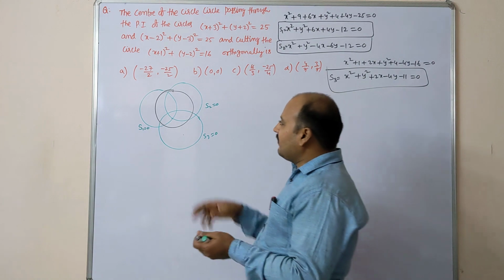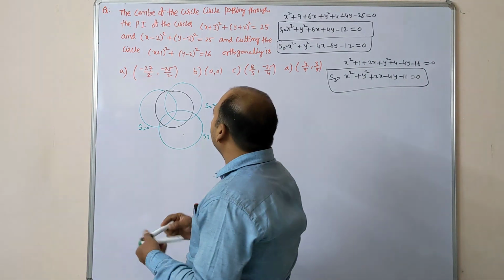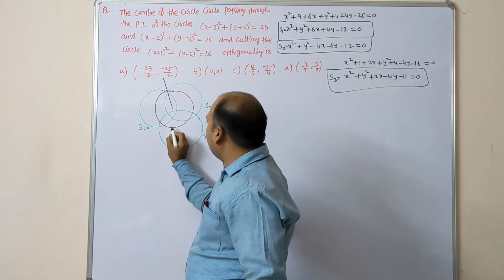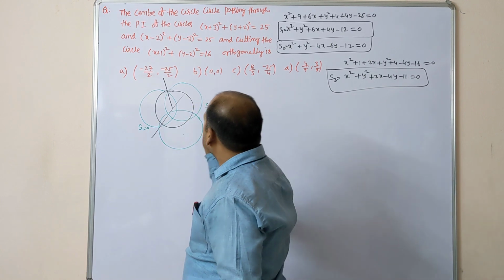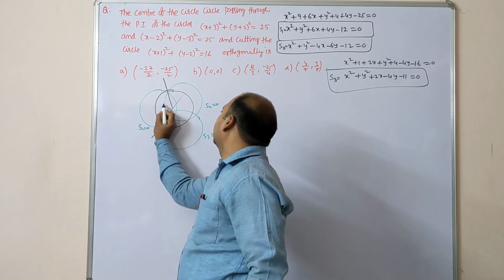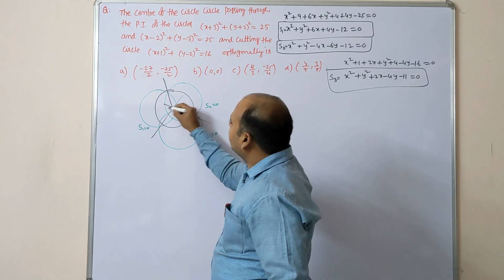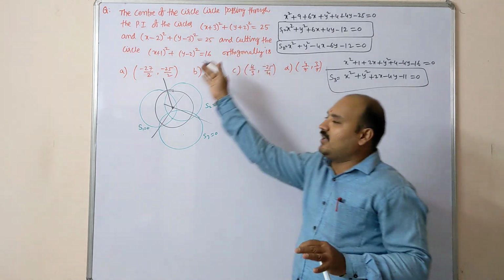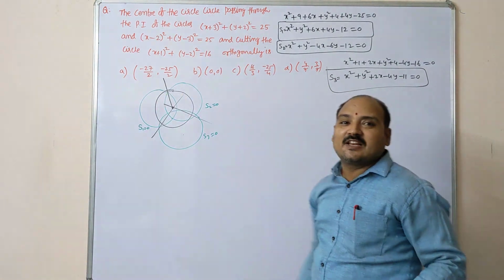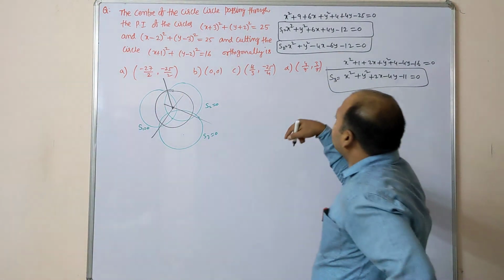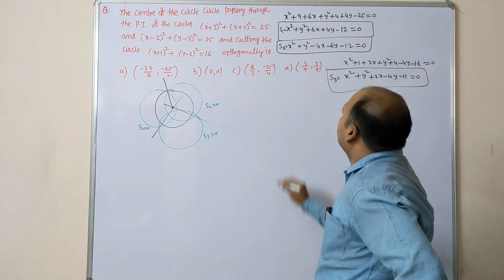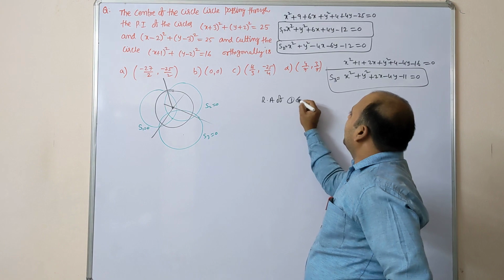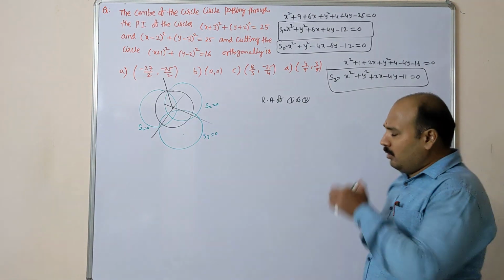You remember whenever it cuts orthogonally, find the radical axis of these circles, solve it, and you will get the point. That is the only thing required for the center of the circle. See here, I am calculating S1 minus S2, the radical axis of 1 and 2, meaning first circle and second circle.